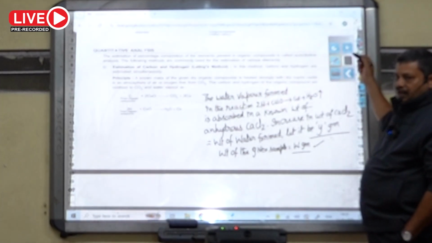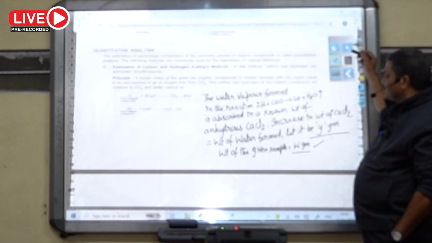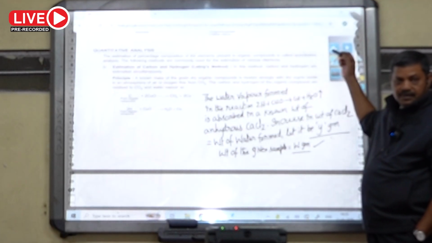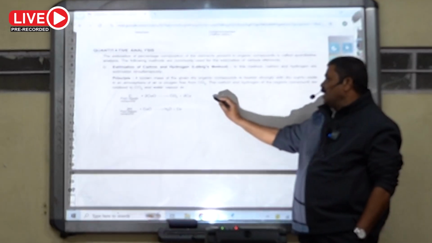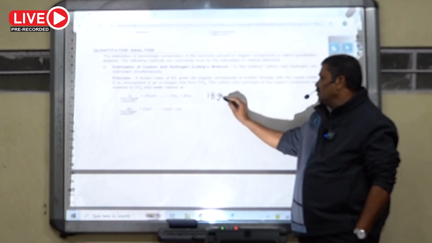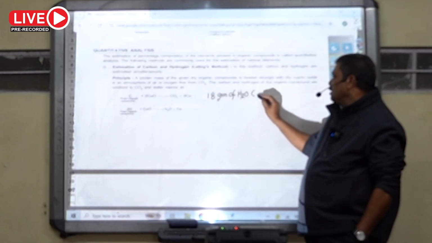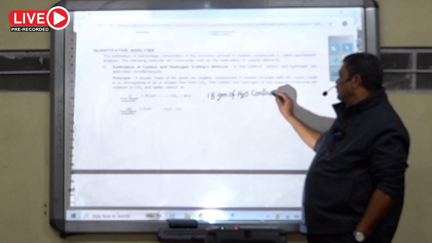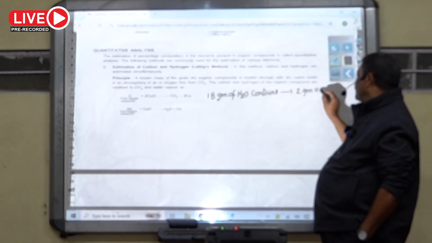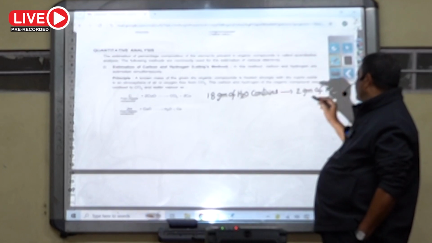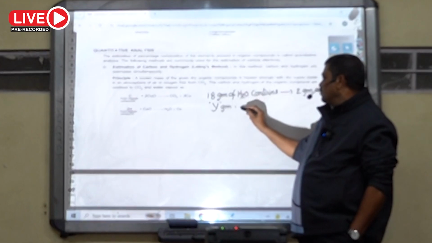Now from this you can do the calculation very easily. So I am erasing this. Done. So 18 grams of water, which is the molecular weight of water, contains 2 grams of H. But here we got Y grams of water vapor.